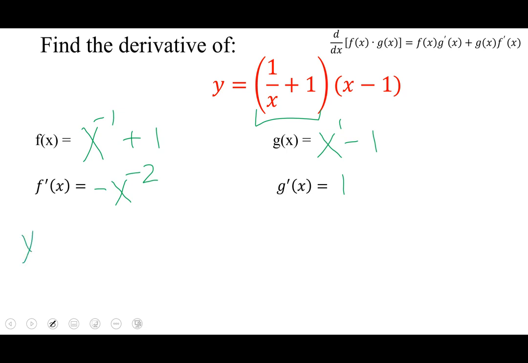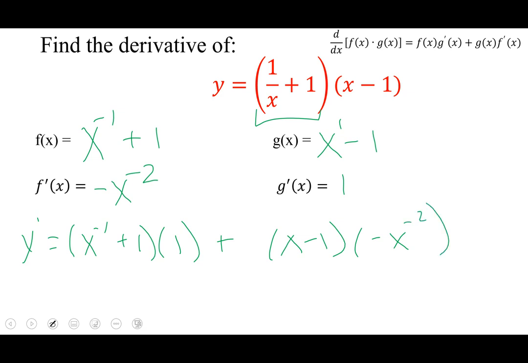Let's call this one y prime. So again, you're going to take your first, which is x to the negative 1 plus 1, times the derivative of the second, which would be 1, plus the second, which is x minus 1, times the derivative of the first, which would be negative x to the negative 2.